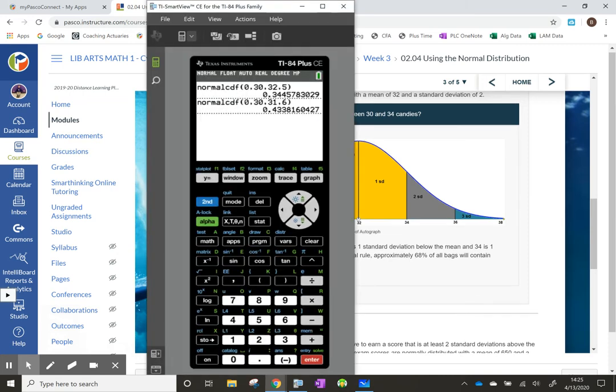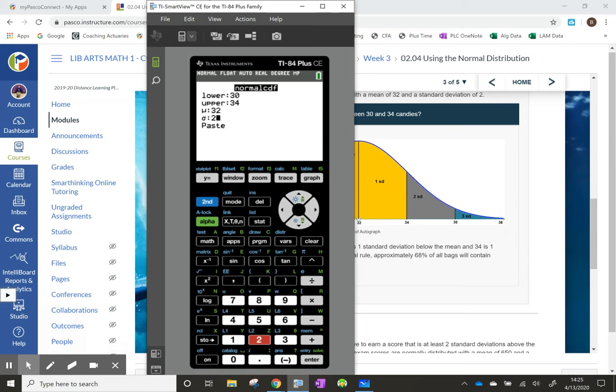Now, if you want the calculator to verify this, for those interested in using the calculator, go to second vars again, normal CDF. Our lower bound is 30. Our upper bound is 34 because we're going from between 30 to 34 candies. Our mean was 32 and our standard deviation was 2. That's all the information it gave us in the problem, right?